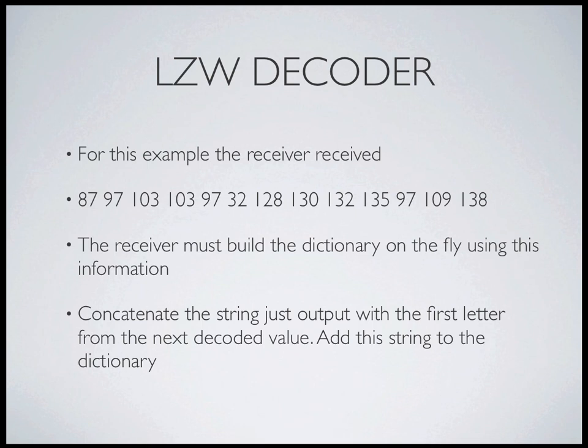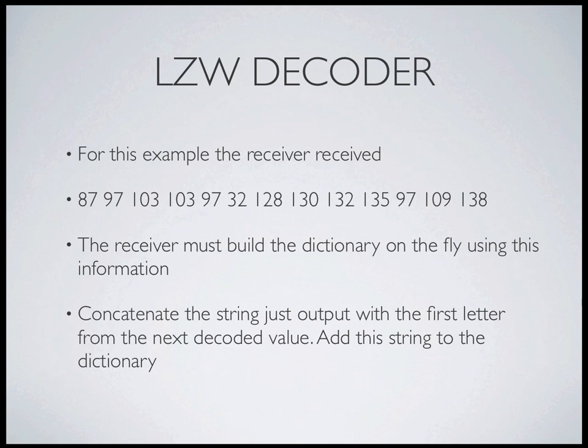Now this 128 is not an ASCII value. That was one of the things that was added to the table. The first thing that was added to the table was the WA. So 128 was WA, and so it goes on like that.